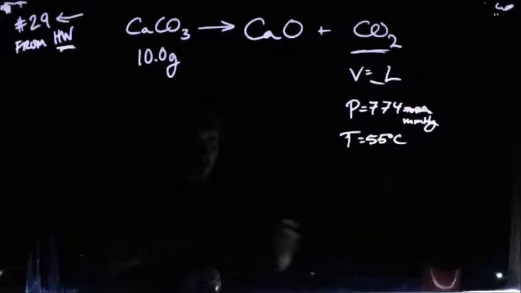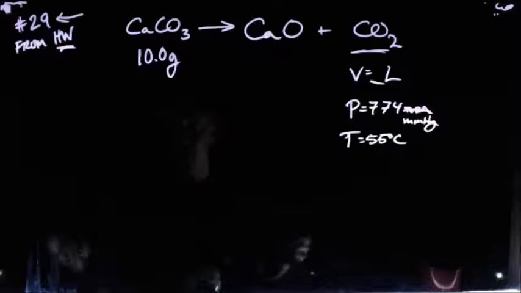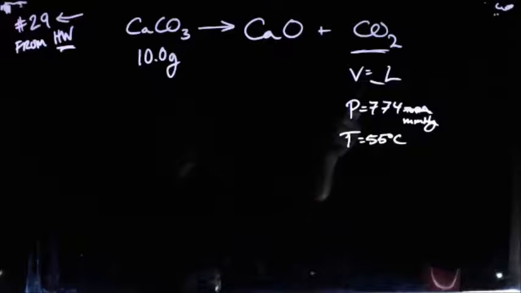So it's sort of a typical gas stoichiometry problem. It gives you grams of a reactant, asks you for liters of a product. Now, previously, we've done lots of problems where it would give us grams of a reactant and ask us about grams of a product.